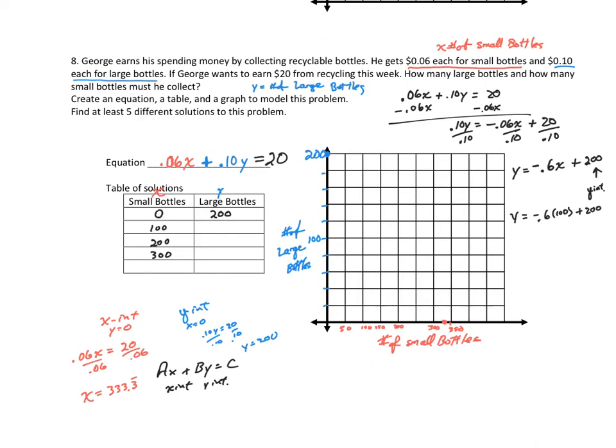Negative 0.6 times 100 is negative 60. Negative 60 plus 200 is 140. There is my 100, 140.